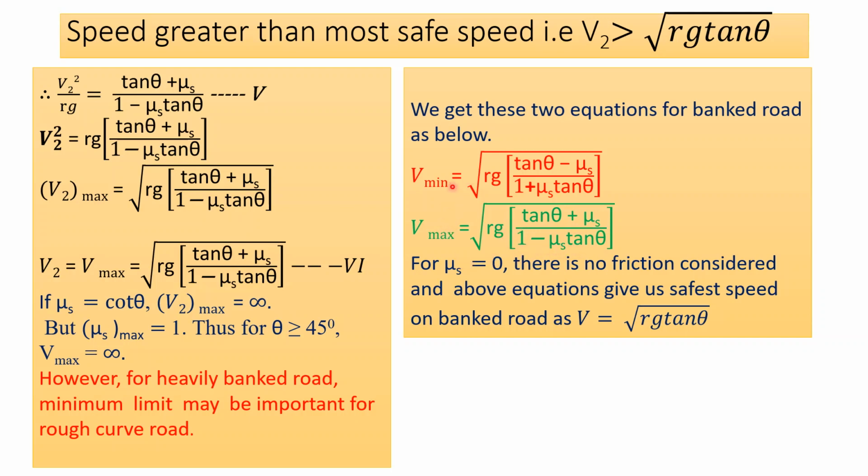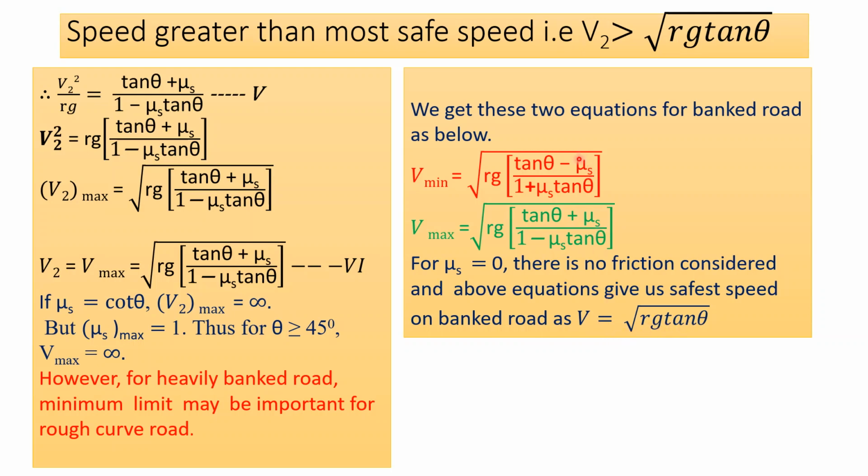Now in both equations, if the coefficient of static friction is 0, that is, no friction is considered, then we get the safe speed on a banked road, v is equal to square root of Rg tan theta.